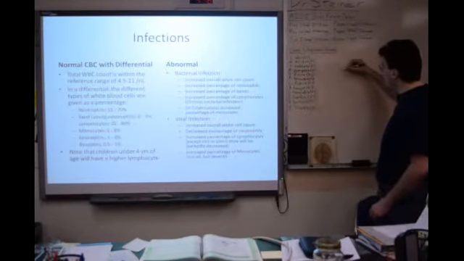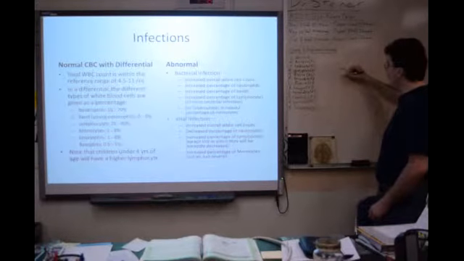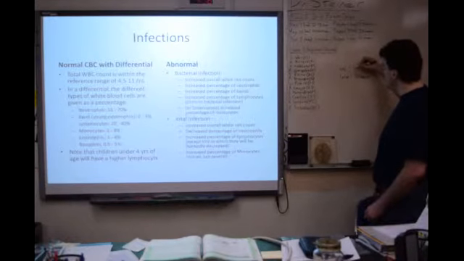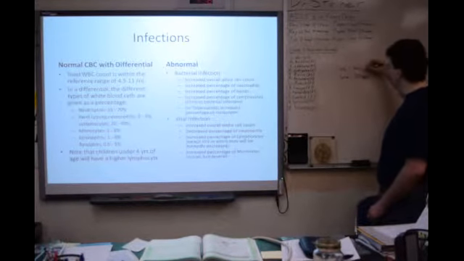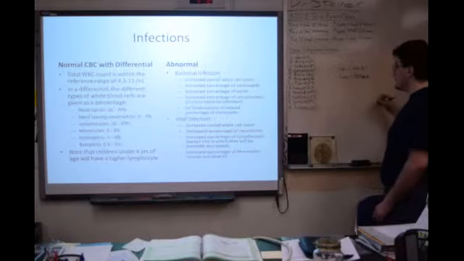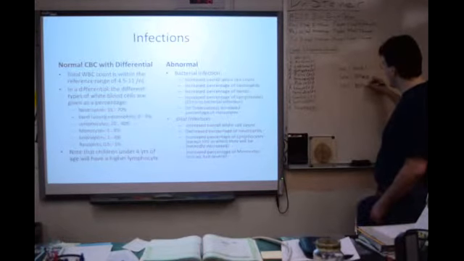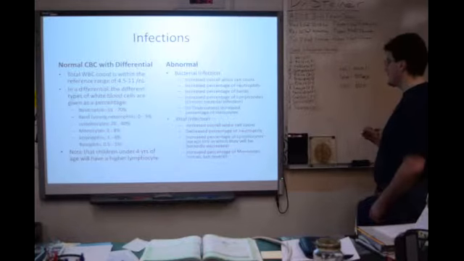1 milliliter equals 1,000 microliters. 1 microliter equals 1,000 nanoliters.